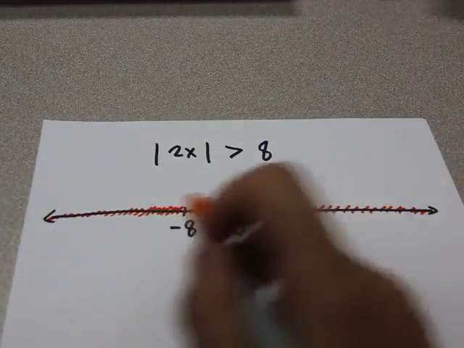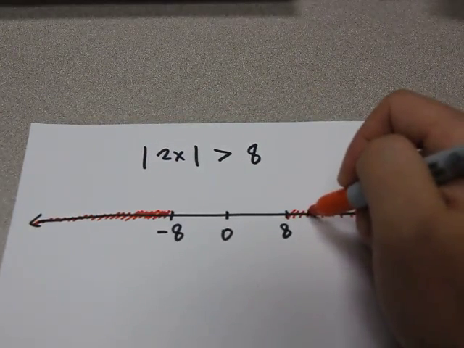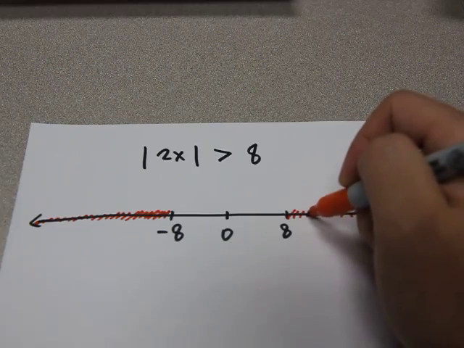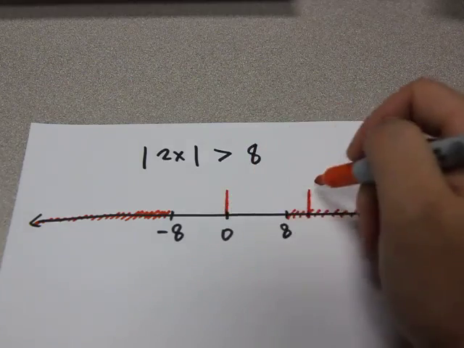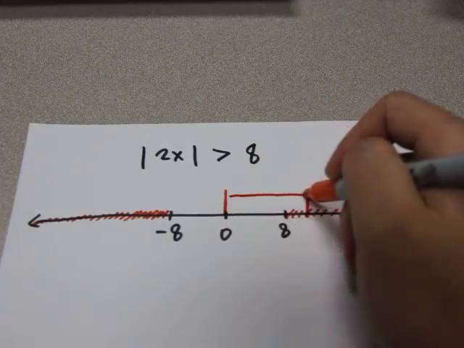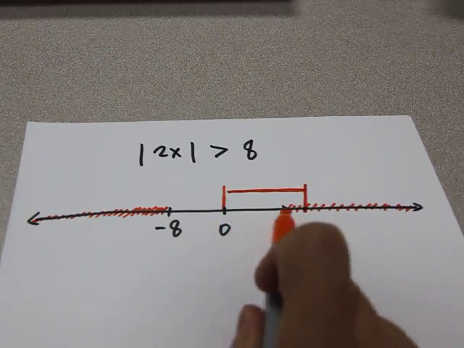Because over these two areas, no matter where 2x is, when you consider the distance from that number to 0, you see this distance is always bigger than 8, right?